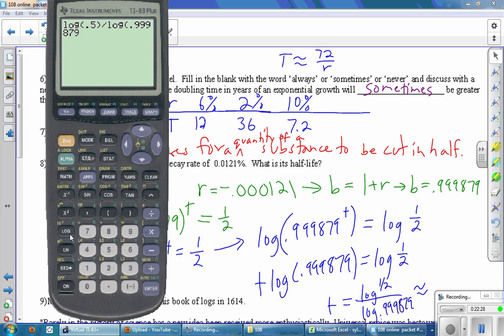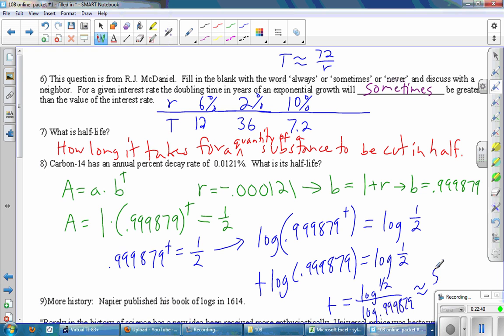This is going to give us the number of years it takes for the amount of carbon-14 in this fossil to be cut in half. 5,728 years. That's a long half-life. That's why we can still find carbon-14 in this object, even though it's been dead for thousands or hundreds of thousands or millions of years.